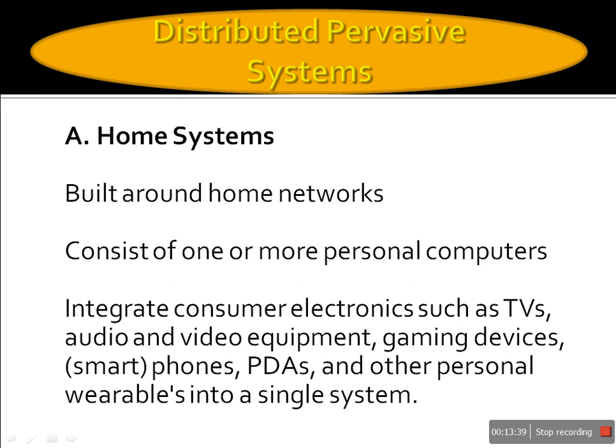Okay, so what is home system? An increasingly popular type of pervasive system, but which may perhaps be the least constrained, is built around the home. These systems generally consist of one or more personal computers, but more importantly integrate typically consumer electronics such as TVs, audio, video equipment, gaming devices, smartphones, and other personal wearables into a single system.